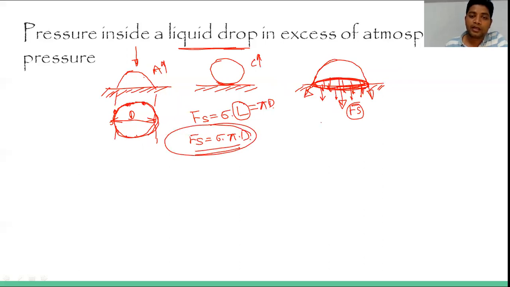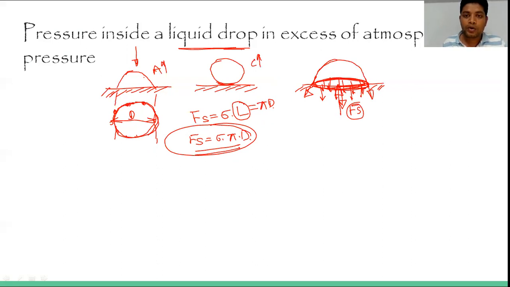Now, if the droplet is there and it is sedimented, then it means there is an internal pressure generated by this plate over the liquid drop.